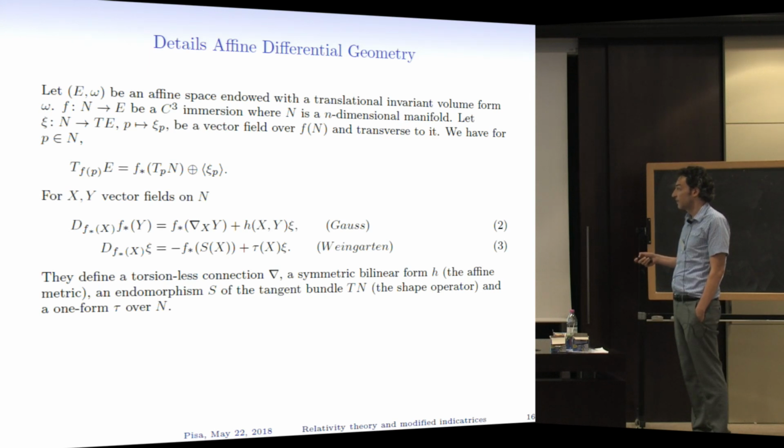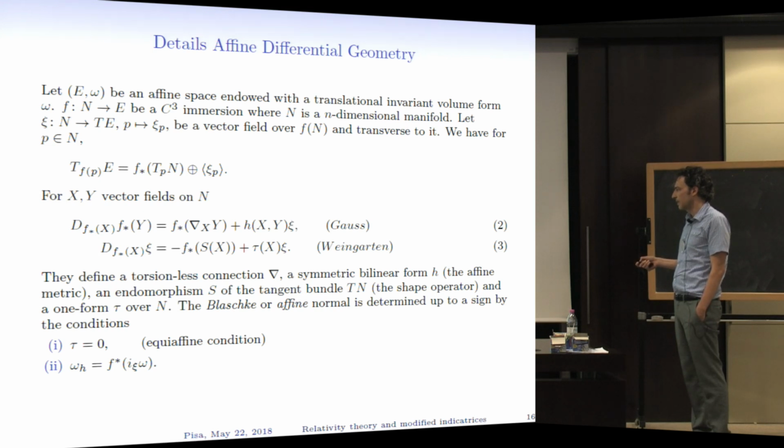And since you have a derivative in the affine structure of the affine space, you get this Gauss formula, and the Weingarten formula gives you an affine connection, a symmetric bilinear form which is called the affine metric, the shape operator, and a one-form.